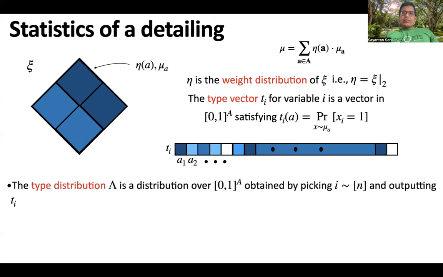Once we have these type vectors for each of the variables, we can also consider the notion of type distribution, which is a distribution over {0,1}^A. Together, this weight distribution eta and the type distribution lambda, we call the eta and lambda pair the statistics of the detailing xi of mu.